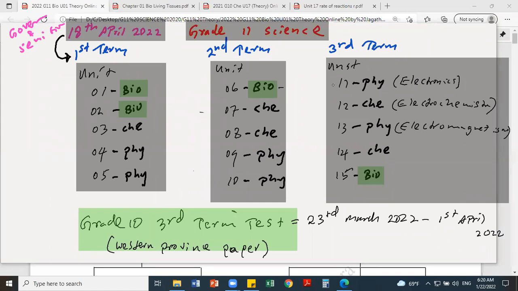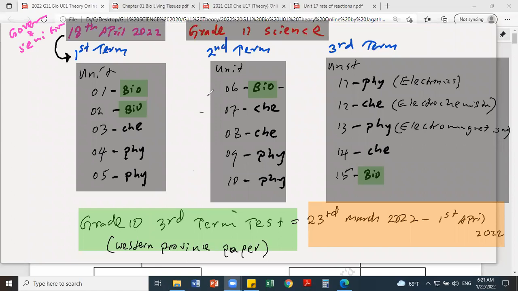And after that, from 8th of April to 17th, the school holidays. After that, on 18th, they will start the new term, the first term for grade 11, 18th of April.